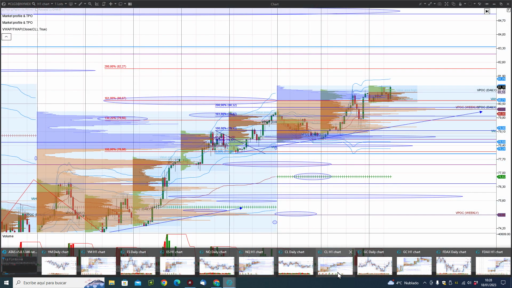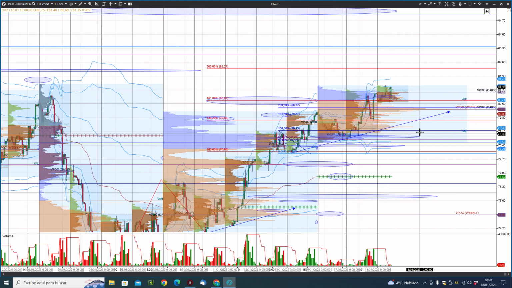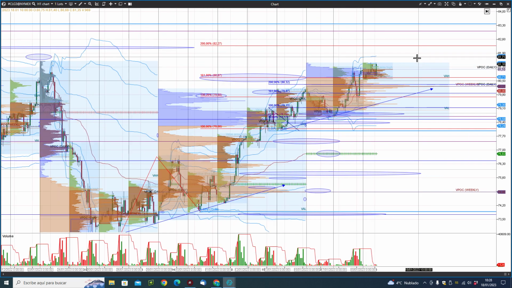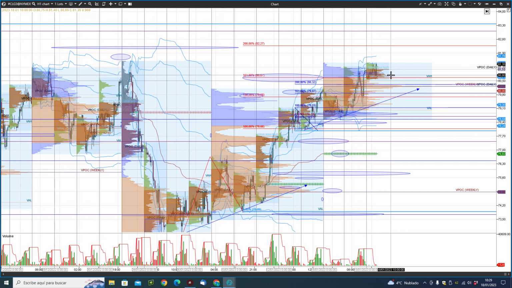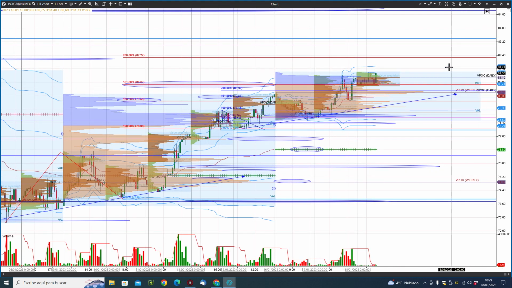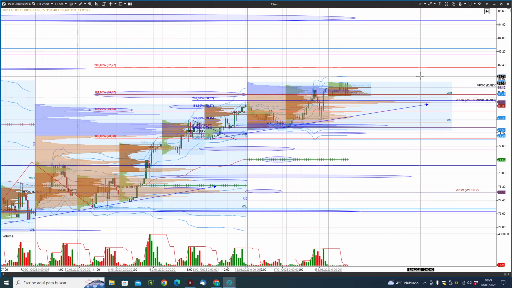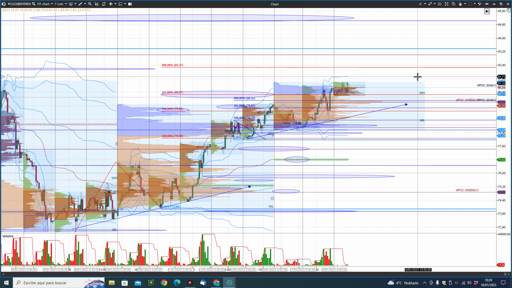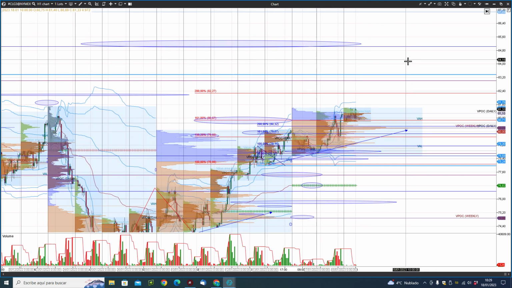Okay, let's go to light oil. Light oil, we reached this point. It was our main target, so we marked it with a great ellipse. We touched this, and let's see what could happen. In the options market, there are a lot of options at 82 and 85 in this zone.